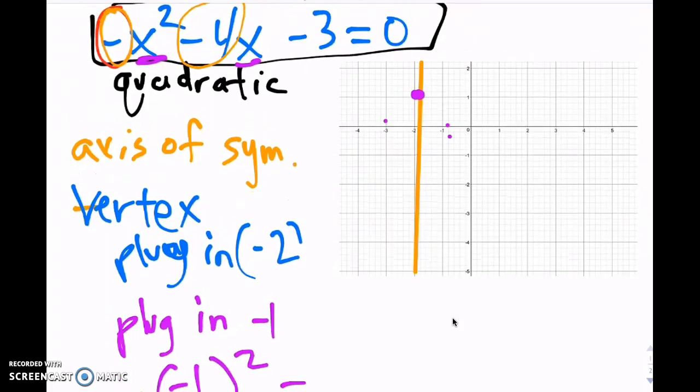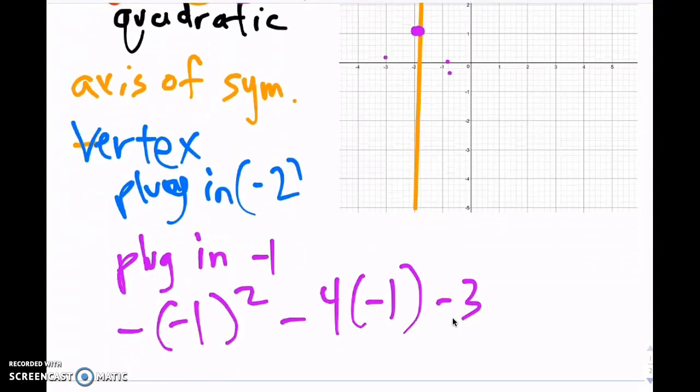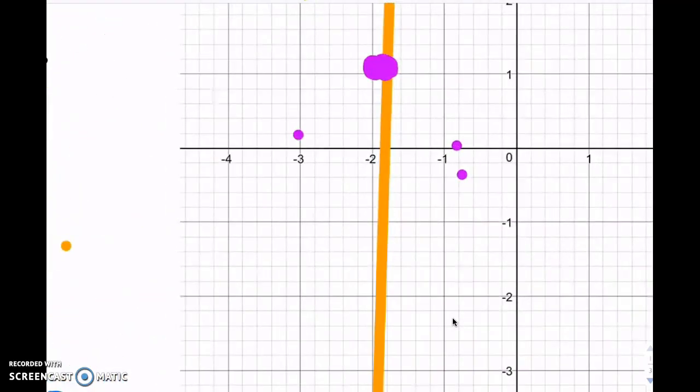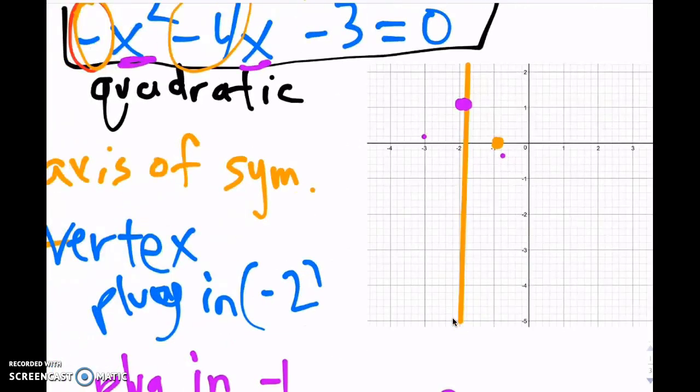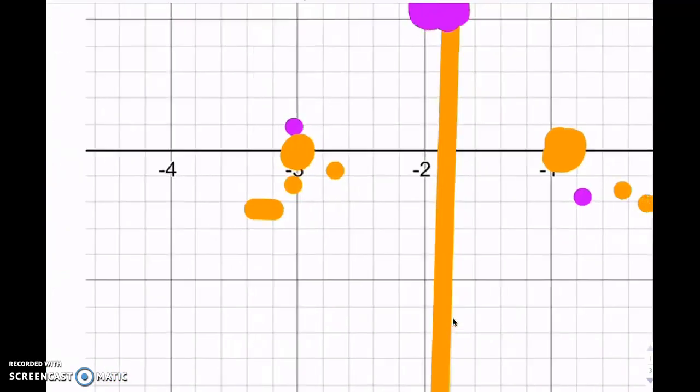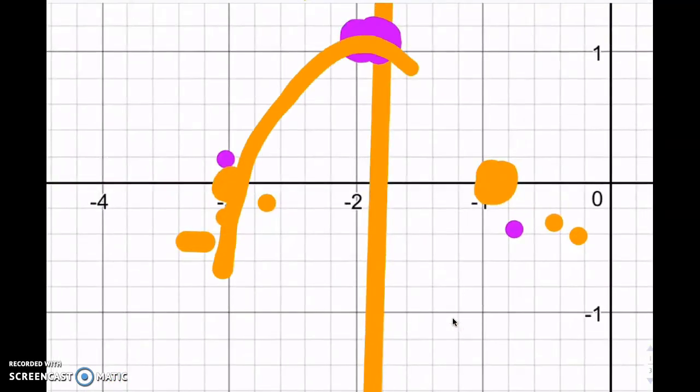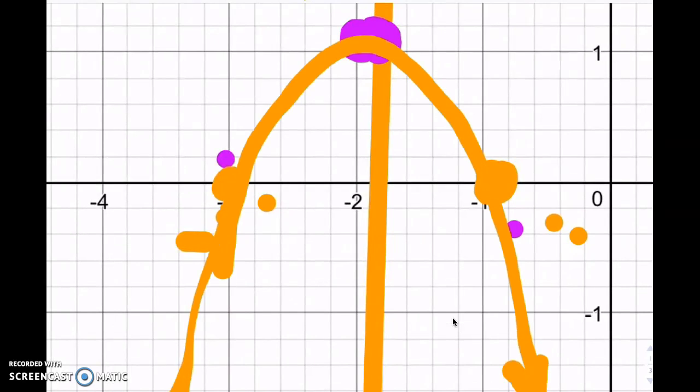If you want to slow this down and do it yourselves, you can. I'm going to go kind of quick. This will equal negative 1. Negative 4 times negative 1 is positive 4, minus 3. When I do this, I get 0. So I'm going to put that dot on my graph here: negative 1, 0. Since my graph is symmetrical on either side, negative 3, 0 will also be the same. And we have this nice looking graph that's going to go like this.